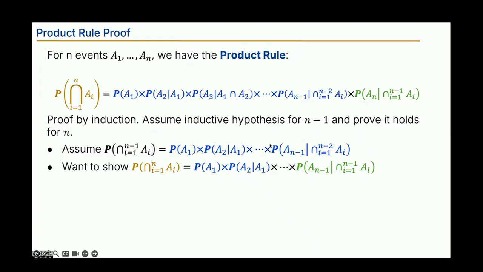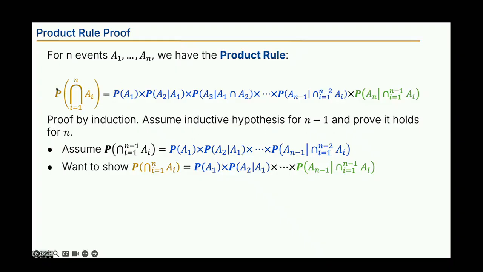This should be fine. And so my inductive hypothesis is that it works for n minus 1. Okay? And I've color-coded everything to keep track of all the little bits because there's just so much stuff on the screen. So my inductive hypothesis is that the probability of the first n minus 1 events obeys the product rule, as you'd expect.